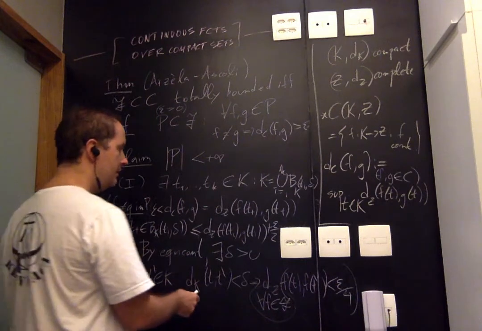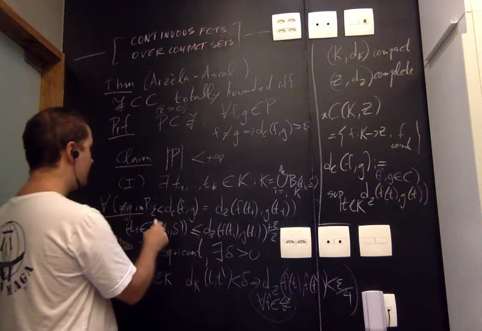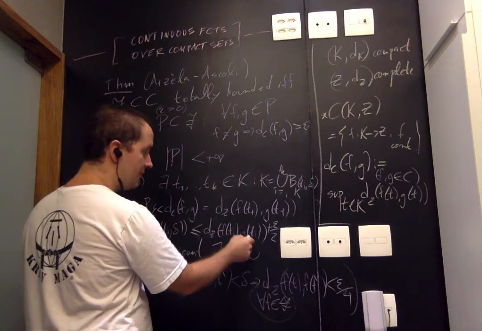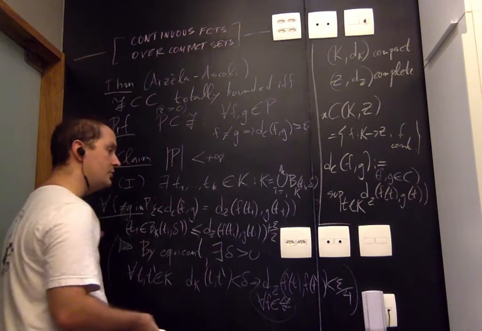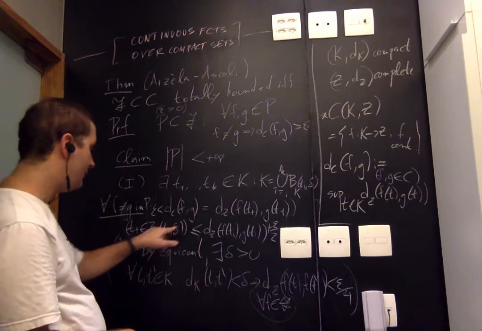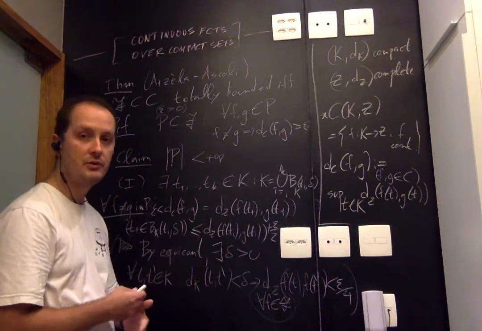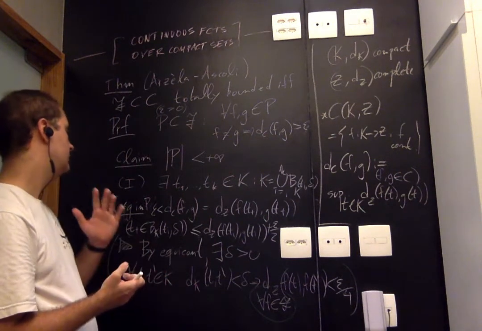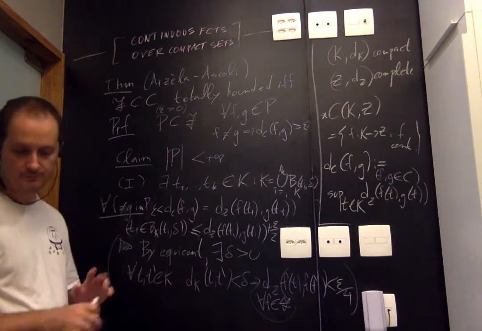I wanted to say that there's a finite collection of points in K such that for any two guys in the packing, the maximum of these values, distance of f(t_i), g(t_i), is at least epsilon over 2. And what I did was just that. I found one choice of t_i for which this is larger than epsilon over 2. Okay? Right, so this is what I wanted to achieve. So I finitized the problem.